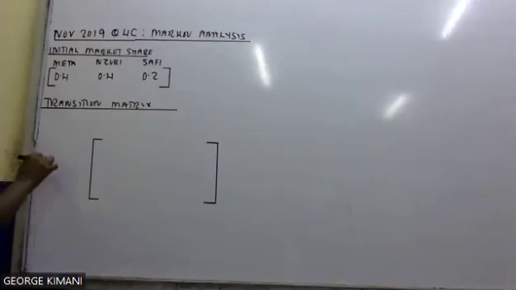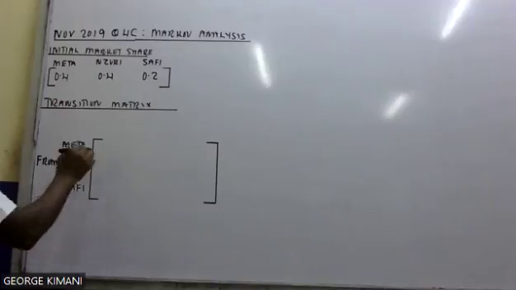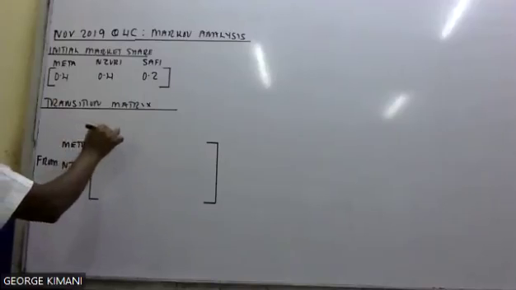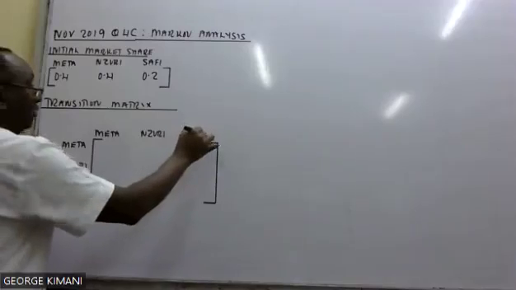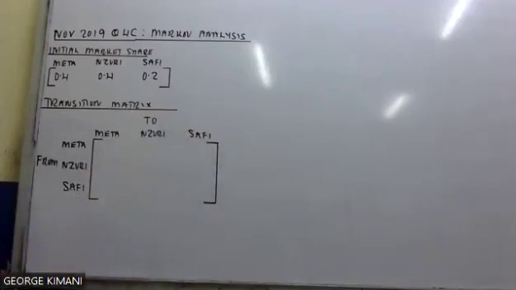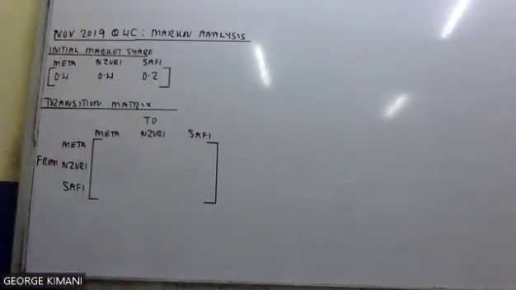So transition matrix, we normally say from, we have Meta, we have Nzuri, and we have Safi, and to, we have Meta, Nzuri, and Safi. So let's say in this matrix, a row shows retentions and losses, while a column shows retentions and gains.